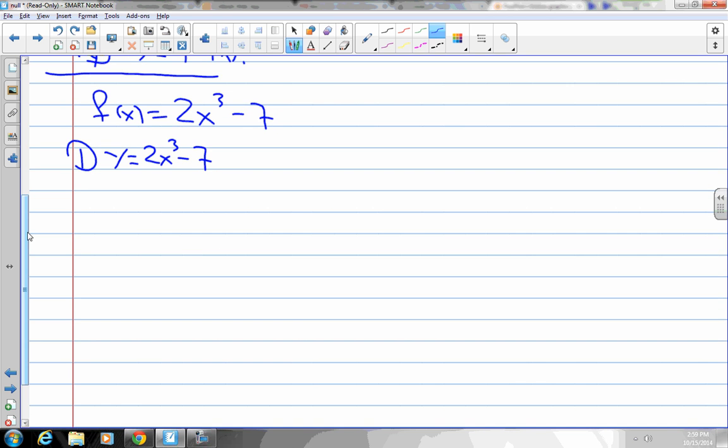Second step, interchange x and y. For every x you put a y, for every y you put an x. And then the third step, that's the harder part, is to solve for y.